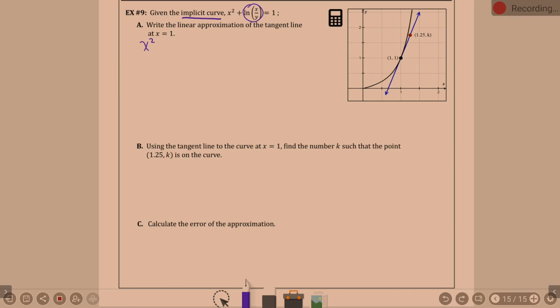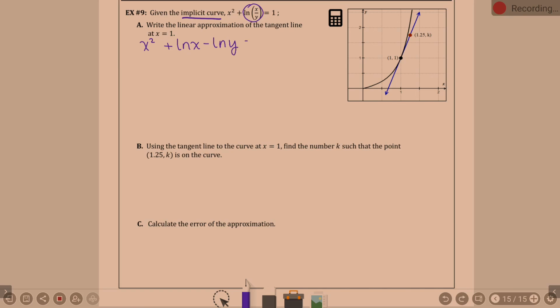A log that has division inside of it can be broken into two logs that are being subtracted. So natural log of x over y could be rewritten as natural log of x minus natural log of y.